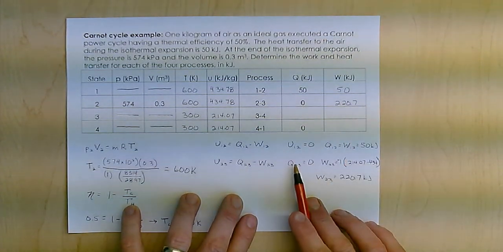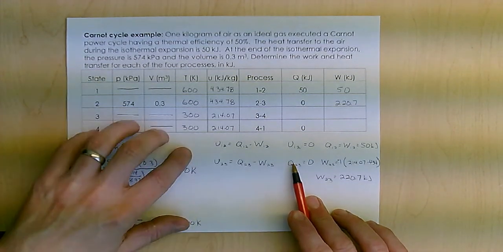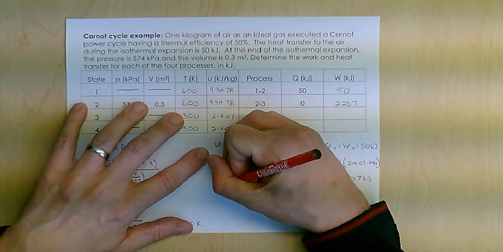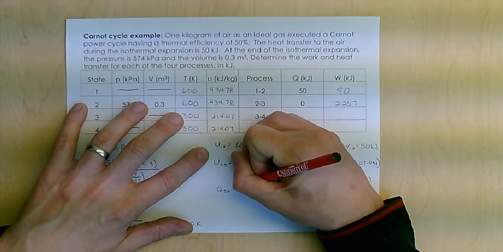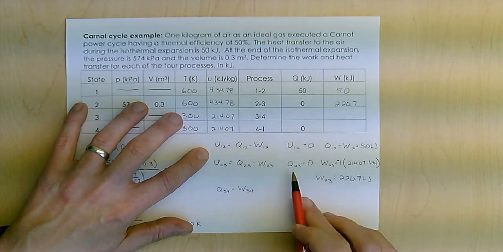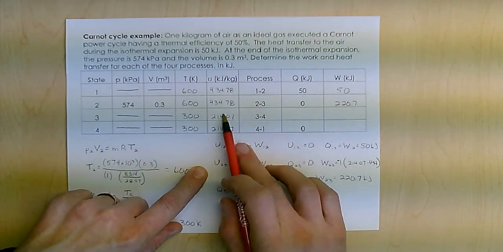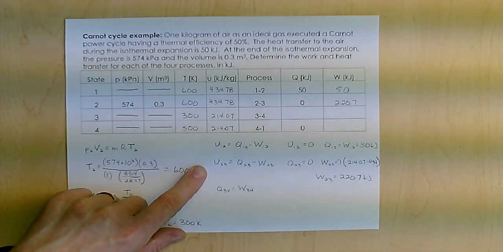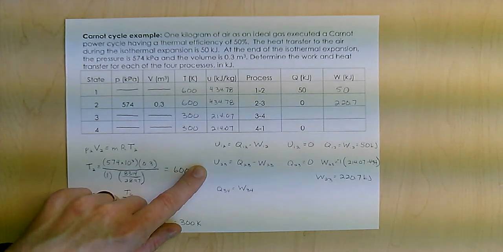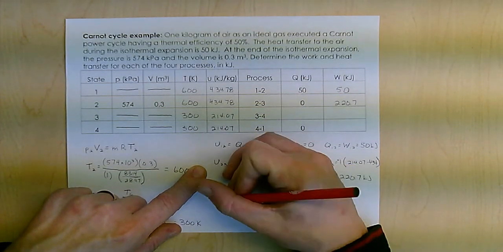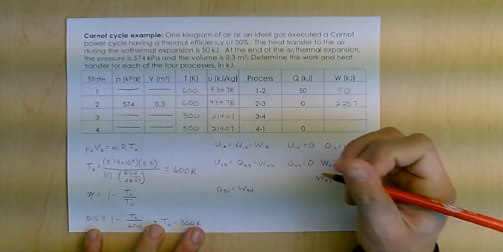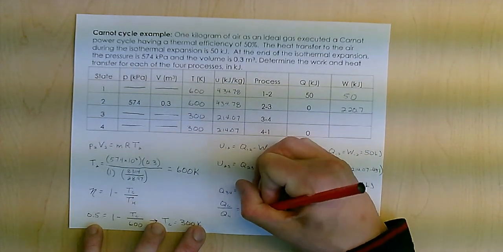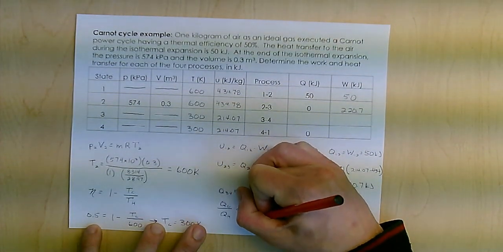Now to find 3 to 4, for the same reason, Q3 to 4 equals work 3 to 4, because my U values are 0. The other thing I know about a reversible cycle is that QC over QH equals TC over TH.